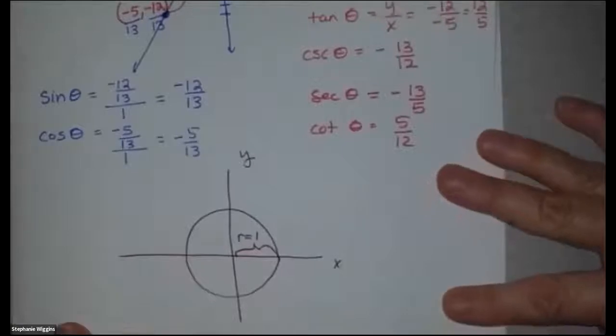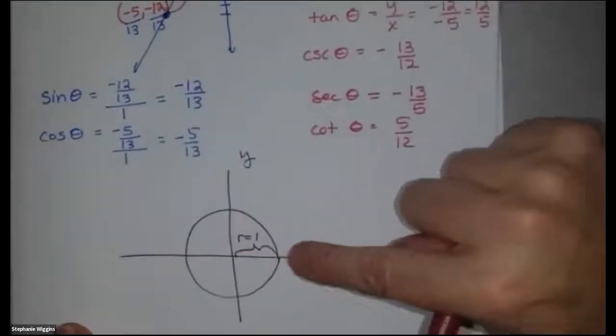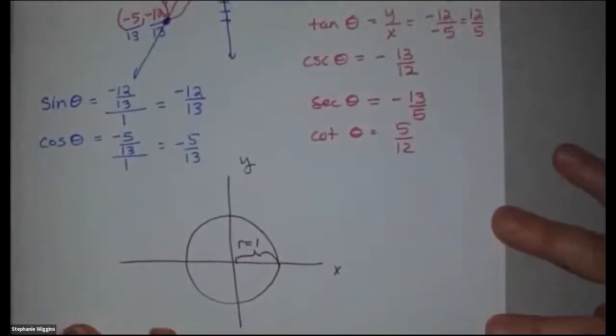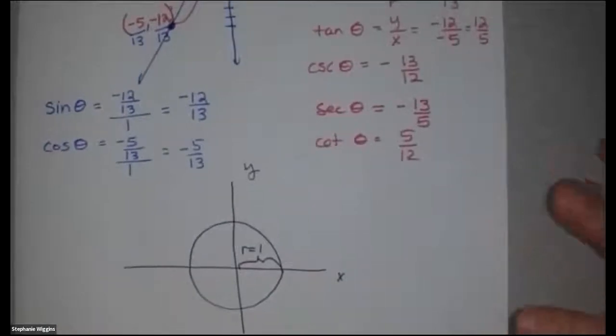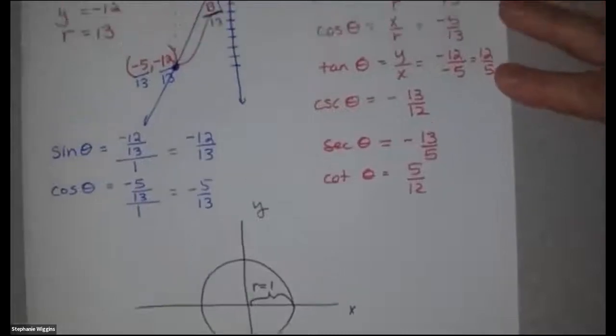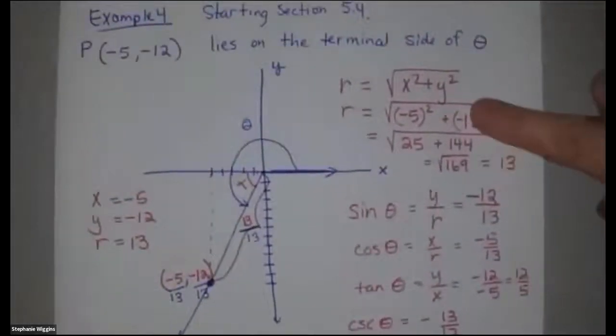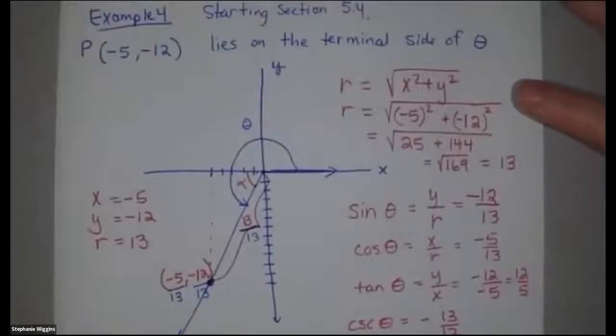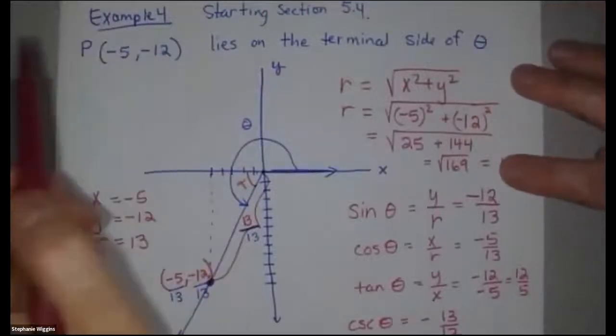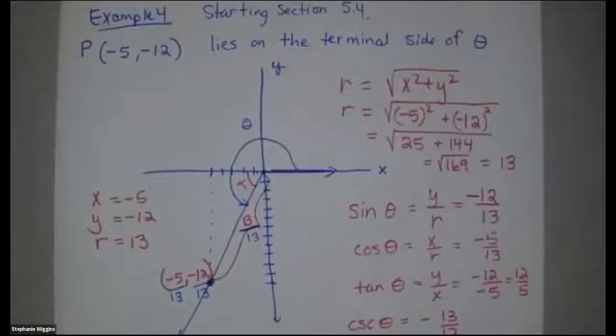And all our trig functions are going to come from the unit circle from now on, because it doesn't really matter. So when you're doing your homework and your question is, which is a really good question, how do I know when to use r equal to 1 and when to calculate r like I do here? The answer simply is that it will say in the problem that the point lies on the unit circle.